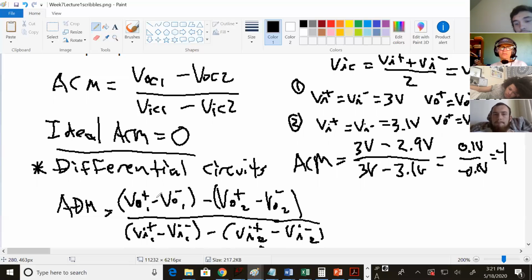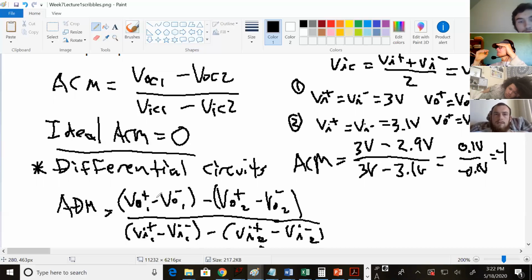Okay, so here's a question for you. Let's say you have a balanced input, VI plus equals VI minus, and let's say you're trying to find the common mode gain. If I move VI plus up 0.1 and VI minus down 0.1, let's say to 3.1 and 2.9, what's my average? 3.